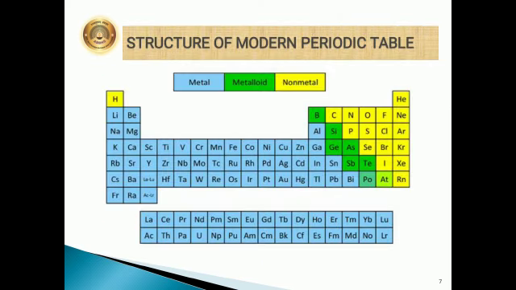See, here also you can see it very clearly. The zigzag line, where the metalloids are shown in green, the left side indicates the metals and the right hand side indicates the non-metals.